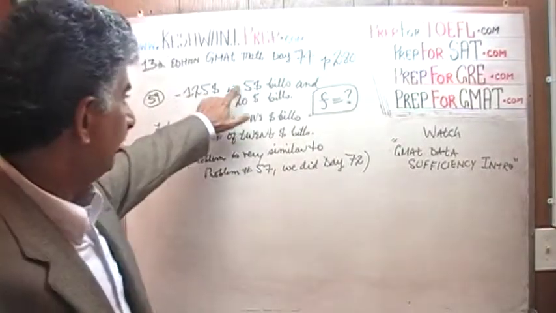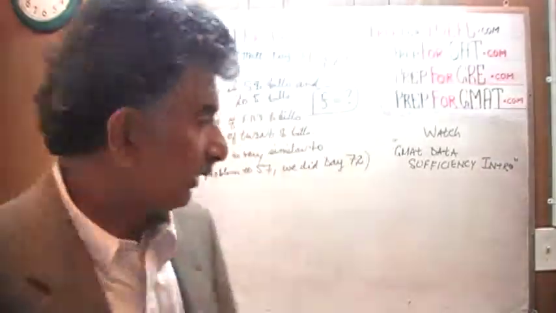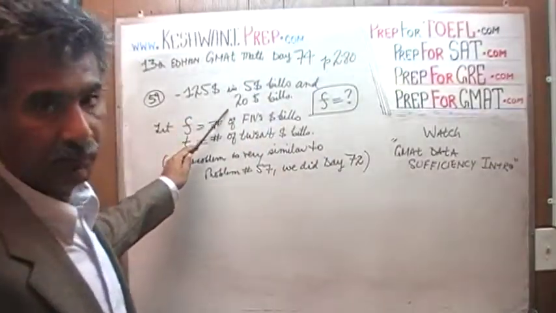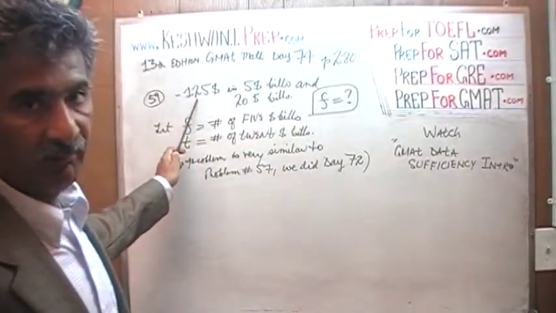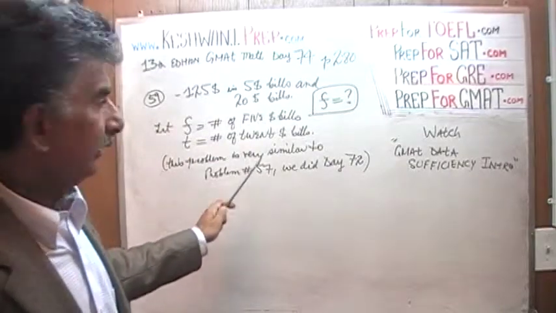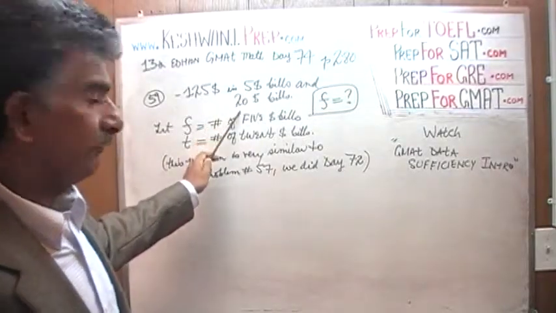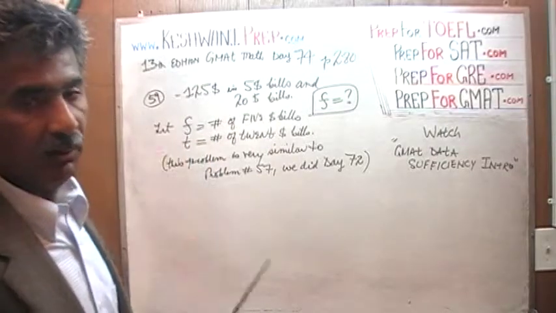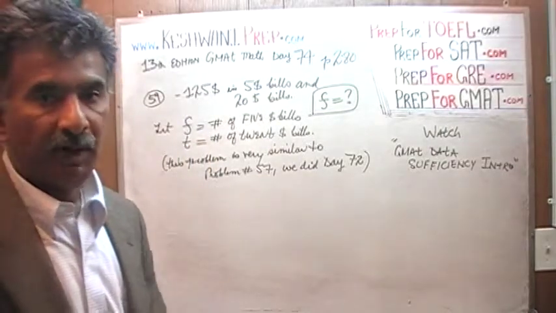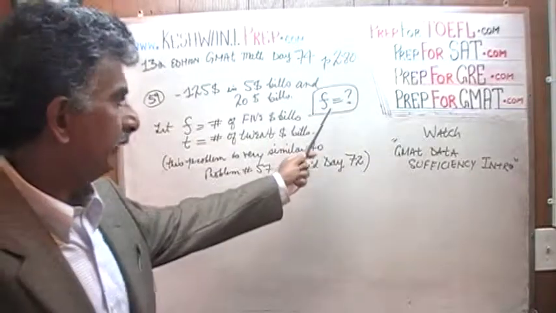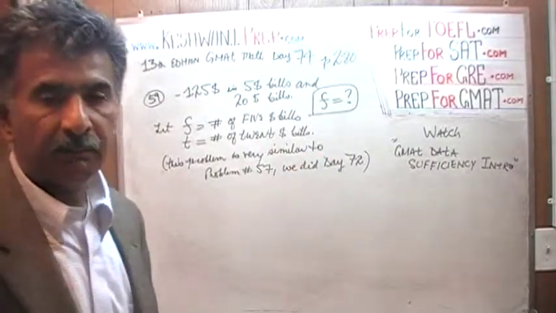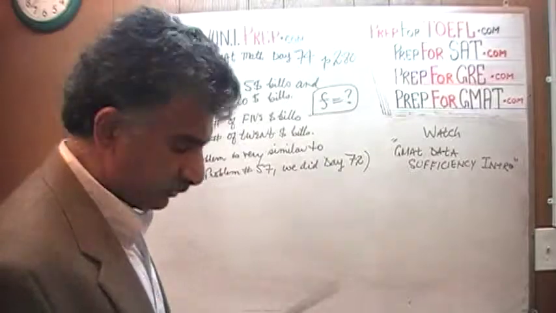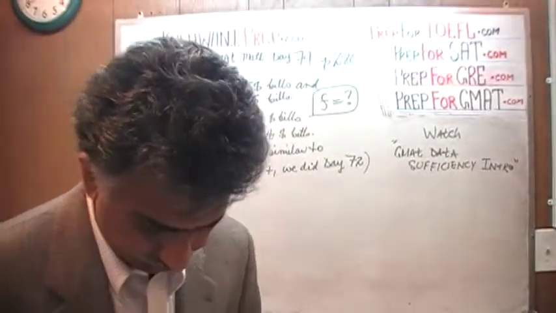Here we have $5 bills and $20 bills, and the total amount that we have is $125. They were asking how many total bills we have, not how many of a particular kind, but it's a very similar question. Let's continue. I thought you might like to know that.